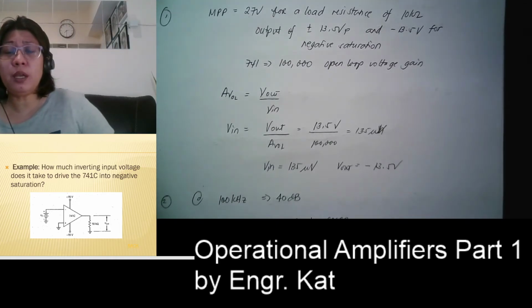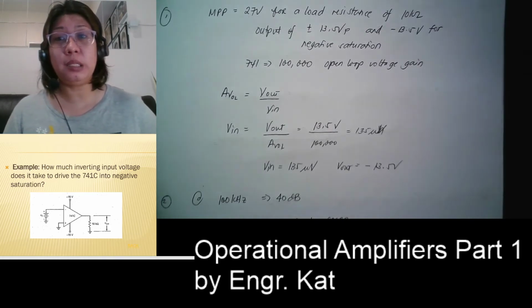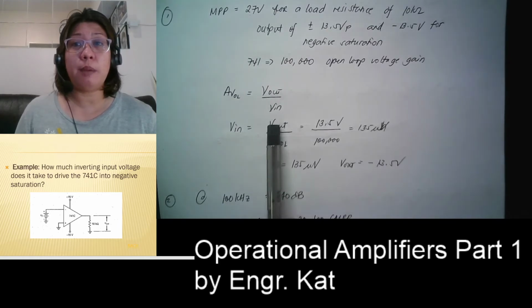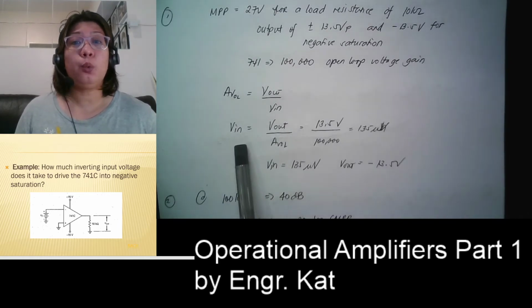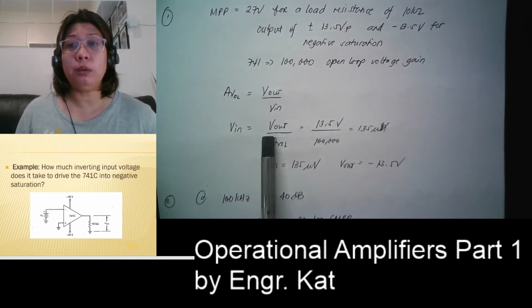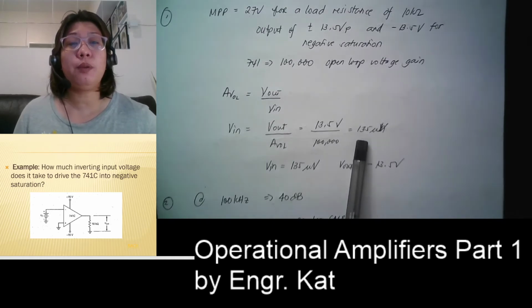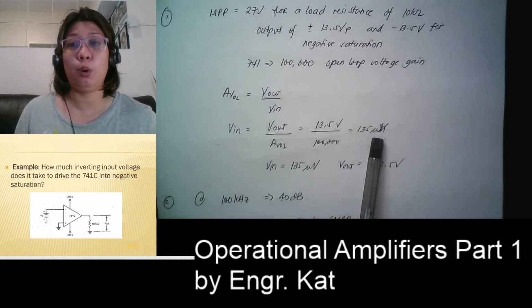We don't have a new formula here, this is just the formula for your voltage gain, V out divided by V in. So your V in is equal to V out, that is 13.5, divided by your voltage gain, which is 100,000, and that is equivalent to 135 microvolts.